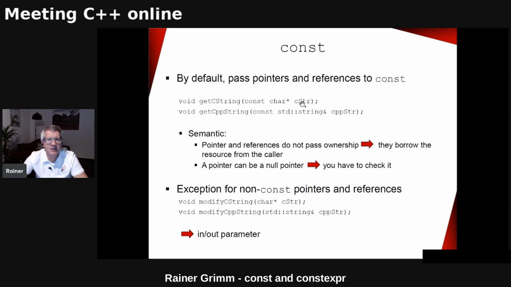This is the semantic of a pointer or reference. Don't passing ownership, only borrowing something. Means it could become a null pointer inside because it's changed outside in a concurrent environment. Because it could happen, you are not an owner. And additionally, when you have a pointer, you have to be sure that it's not a null pointer, therefore you have to check it. And here's a small exception of this rule.